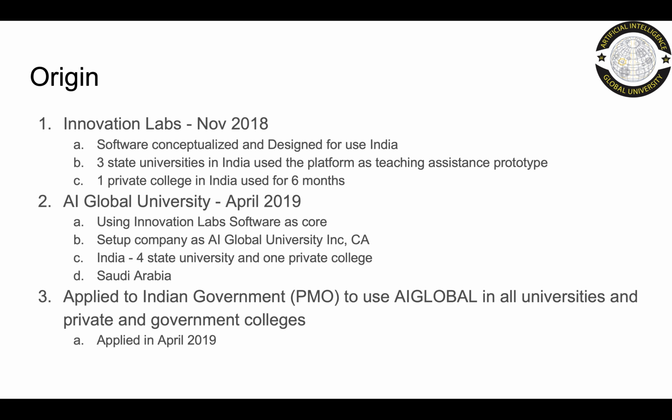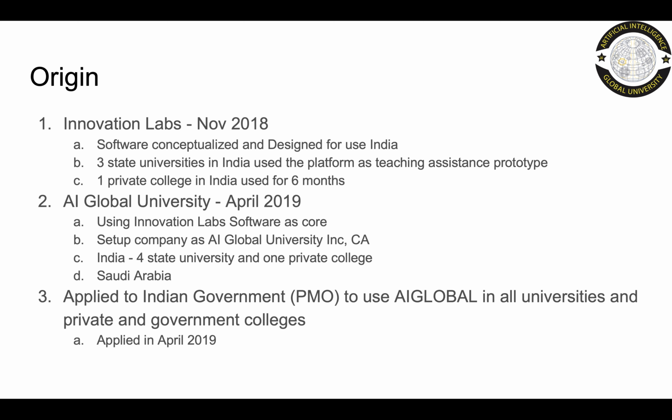Our objective was to help various colleges and universities in India provide artificial intelligence and machine learning education to their students. We ran a pilot with four different state universities and one private college in India, and we also had a pilot running with a Saudi Arabian college during that time.